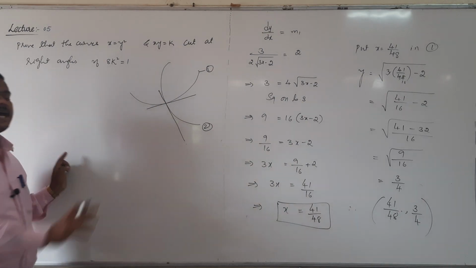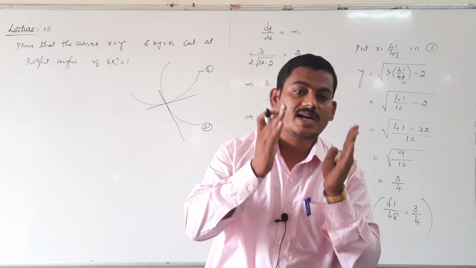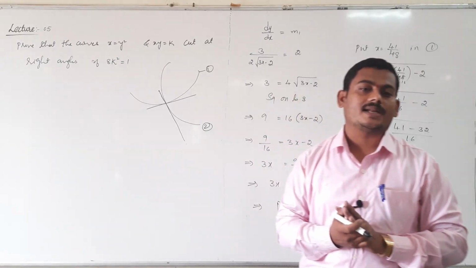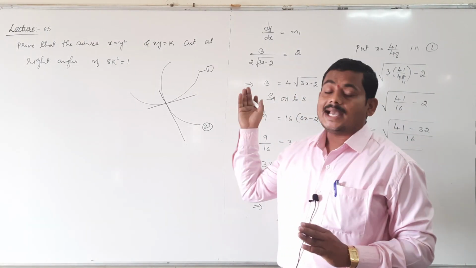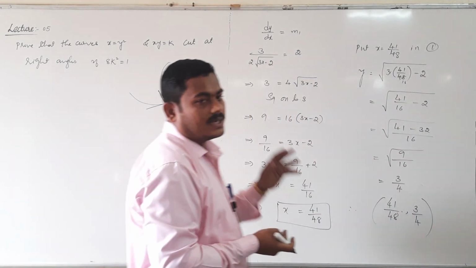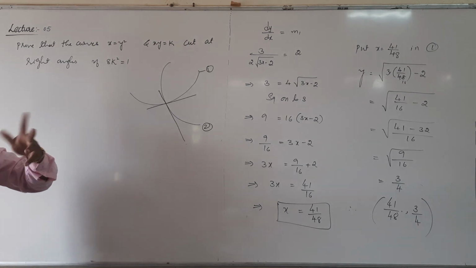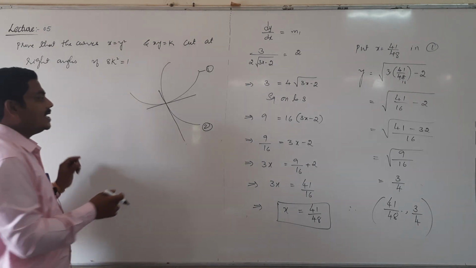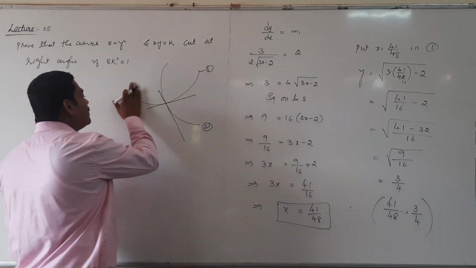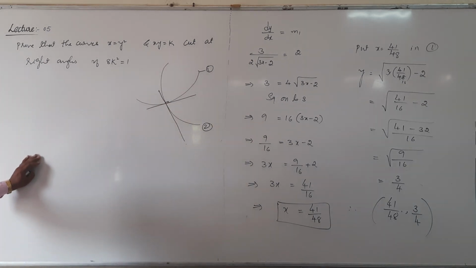These two curves are perpendicular to each other, means the angle between the two curves is 90 degrees, means the angle between their tangent lines is 90 degrees. Curves are perpendicular means their tangents are perpendicular.